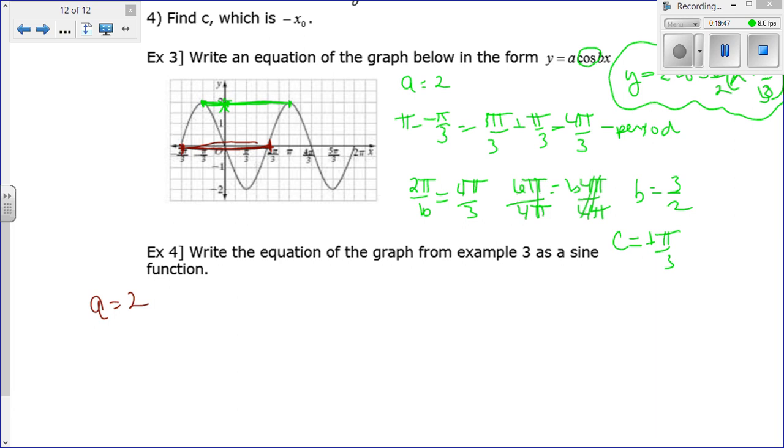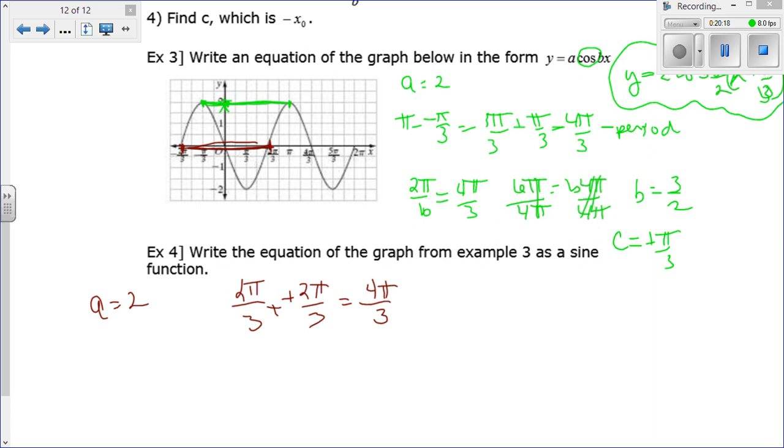So to find my period, I'm going to do 2 pi over 3 and subtract from it a negative 2 pi over 3, because that's where it ends, and I will get 4 pi over 3. Amazingly, the period is the same for these two graphs, as it should be because it's the same graph.